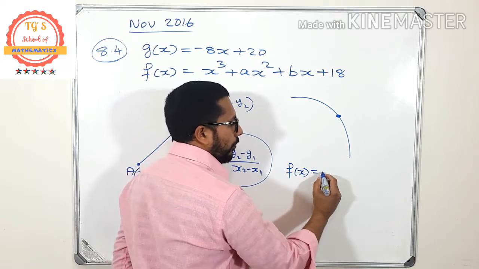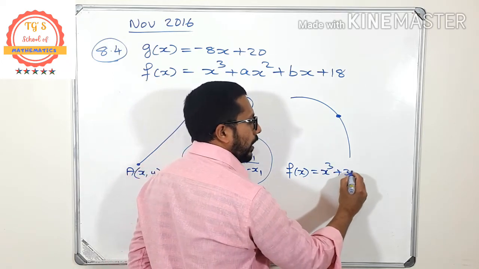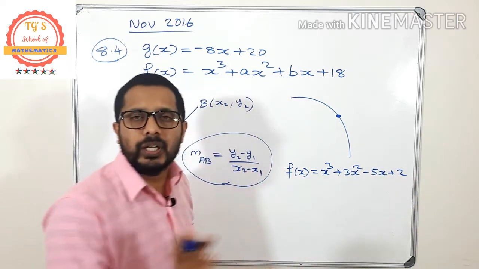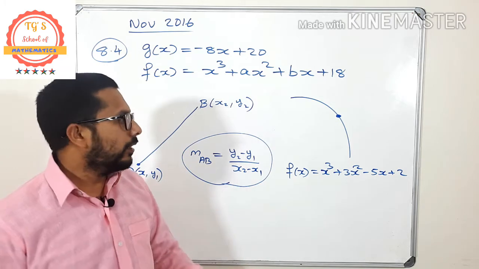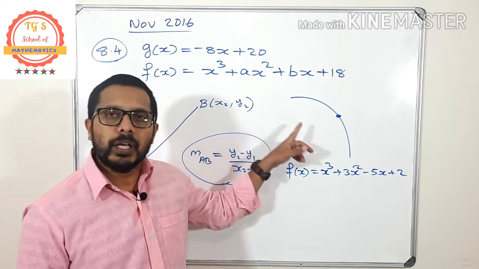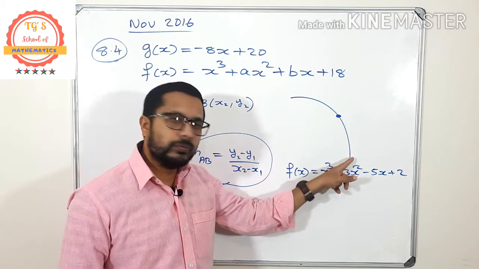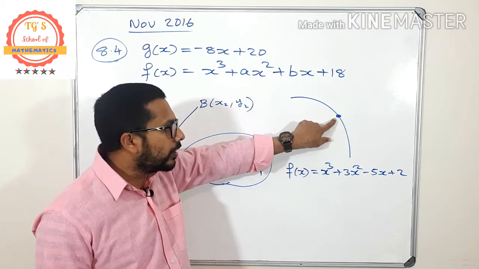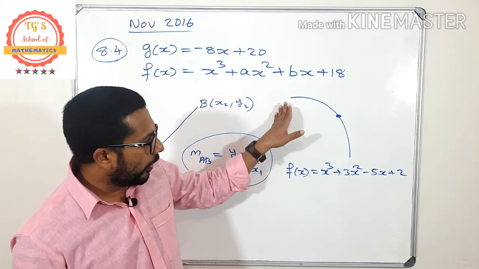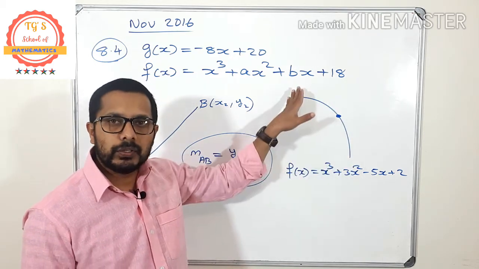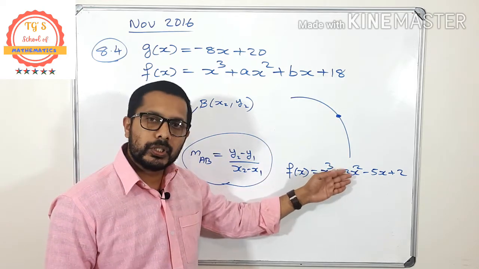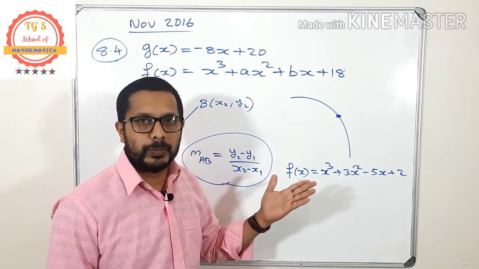For example, f of x is equal to x cube plus 3x squared minus 5x plus 2. Whatever, I'm just giving an example. What is my aim? I want to find the gradient of this curve at this particular point.